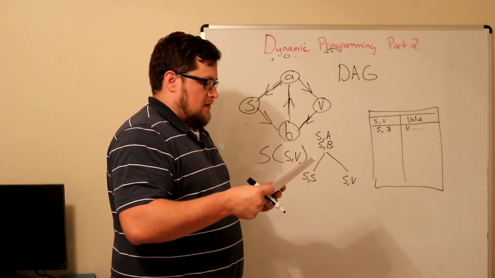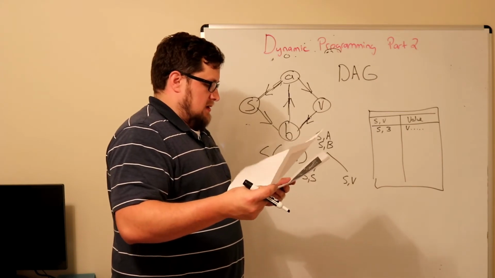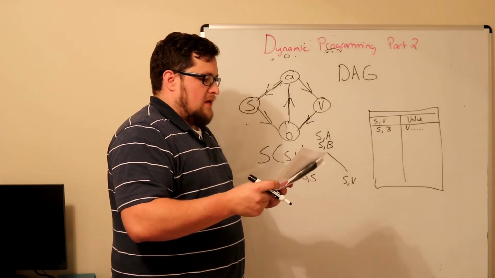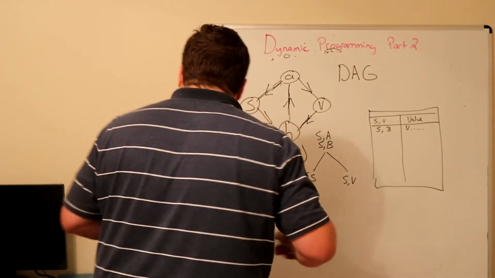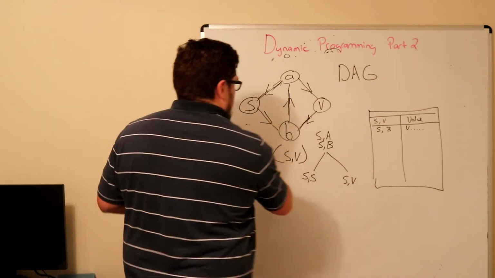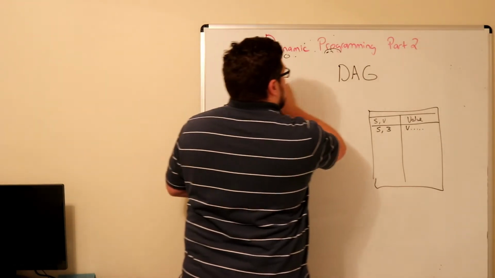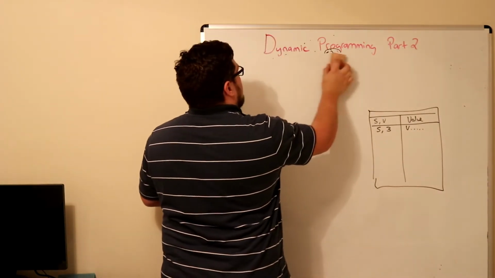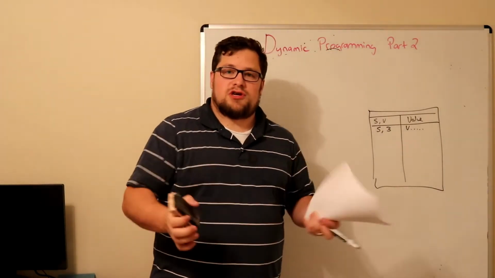Alright, so let's talk about a couple other quick problems here. One of them is actually one of my favorite. And just so you know, graphs and graph searching is very important.